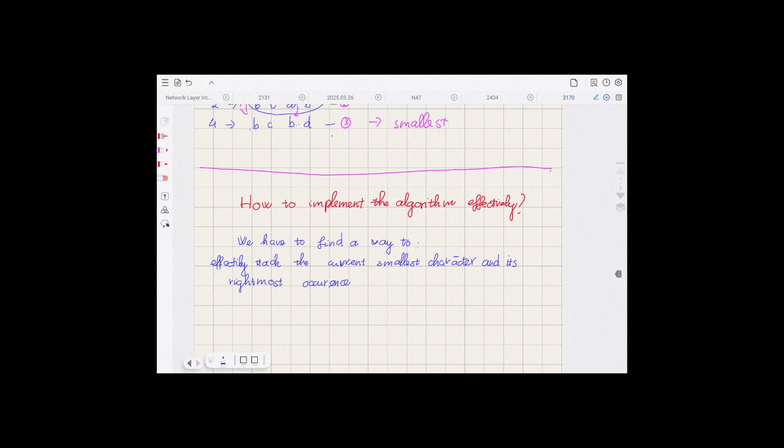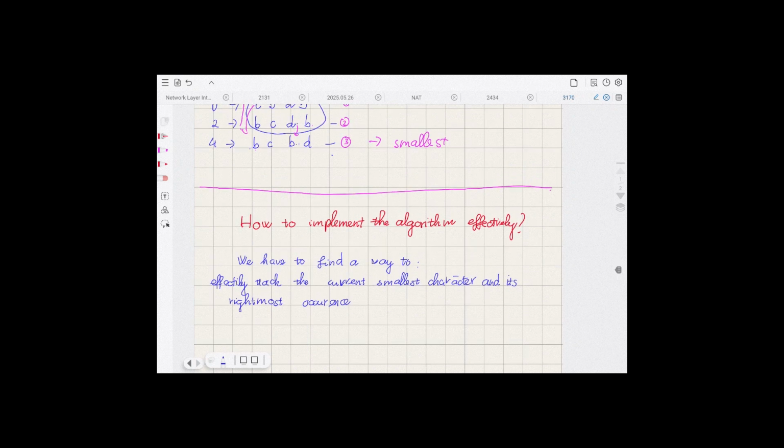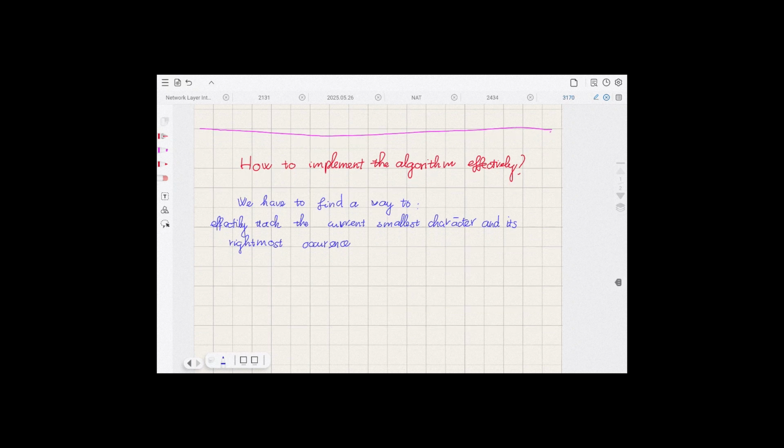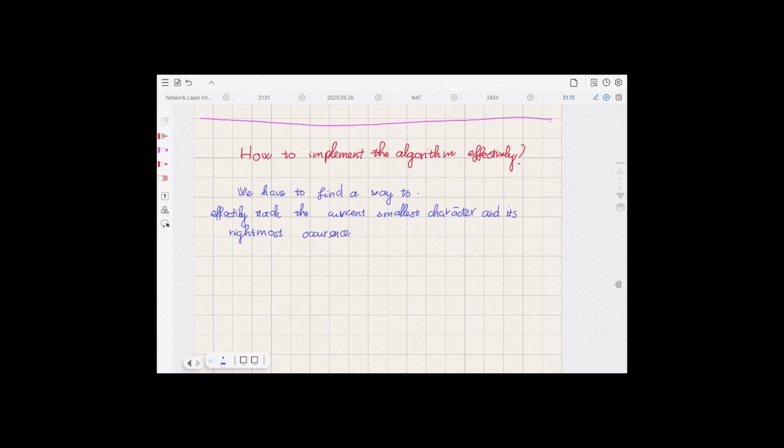The second important thing is how to implement the algorithm effectively. We have to find a way to effectively track the current smallest character and its rightmost occurrence. How do we do this? Let's think about it for one minute.